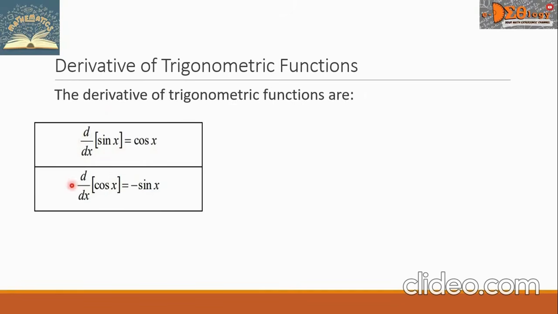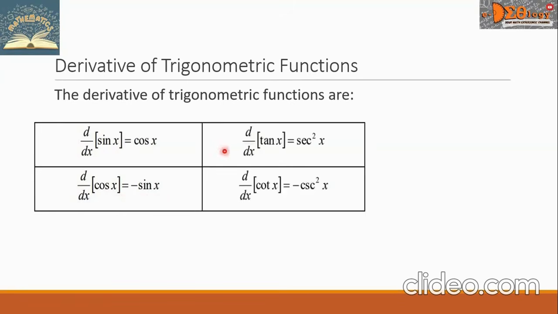Second, d over dx of cosine x equals negative sine x. The second two are d over dx of tangent x equals secant square x. The fourth one, d over dx of cotangent x equals negative cosecant square x.